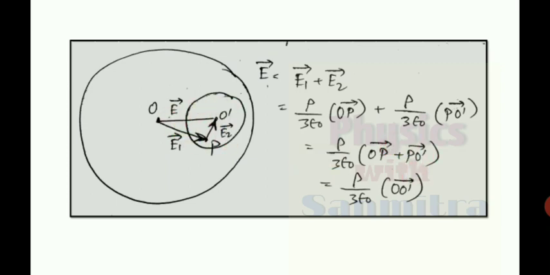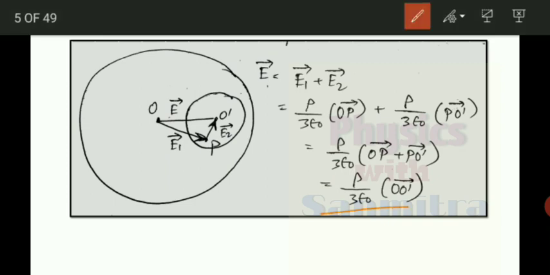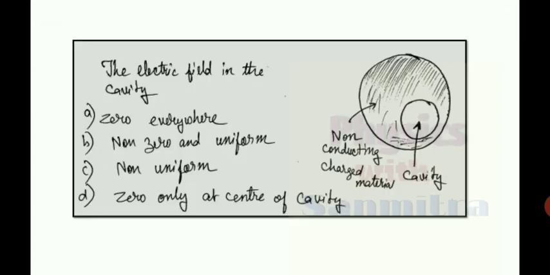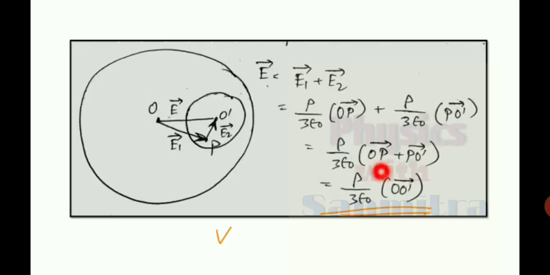So from this expression we can conclude that the electric field has the same magnitude and same direction. This is a constant vector. It is non-zero and uniform, because this has a finite charge and the cavity is situated at a farther distance, so OO dash won't be 0 and rho is not 0.